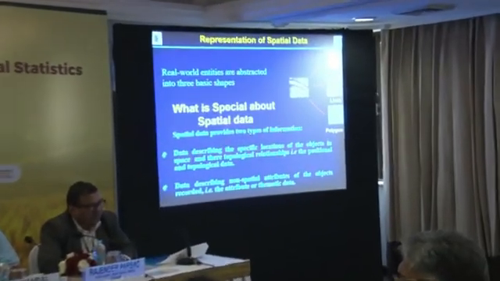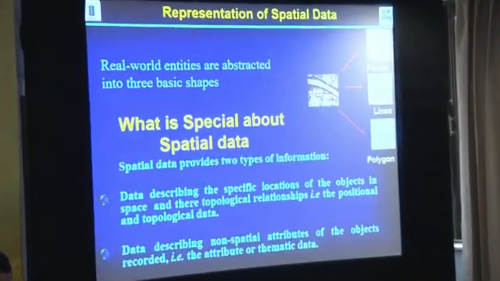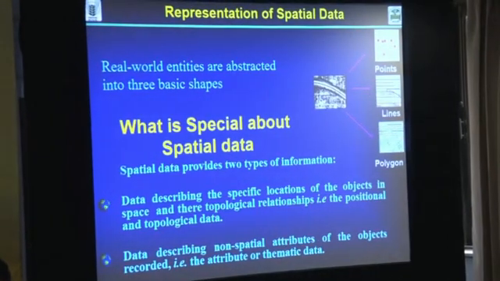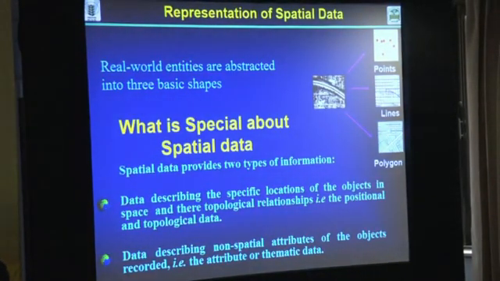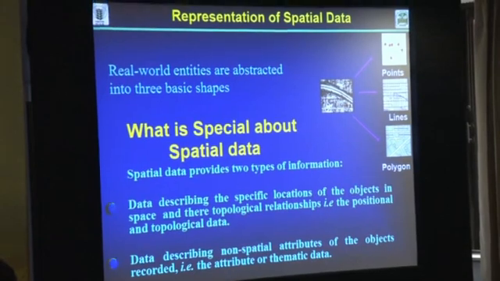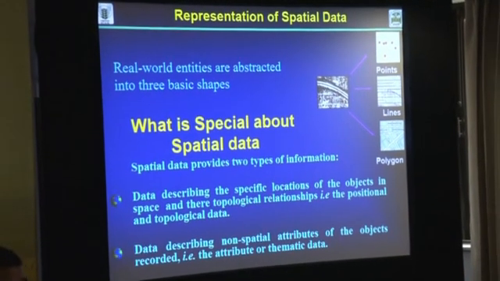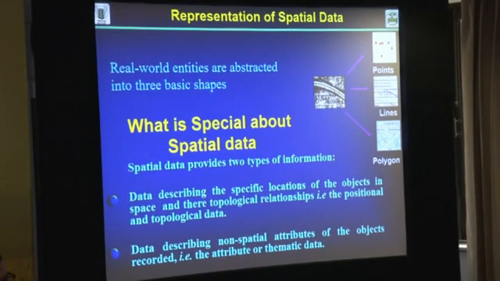Now, when we talk of spatial data, the real world entities can be expressed in three ways, that is point, line, and polygon. But unlike attribute data, spatial data possess a unique quality of dependence, which actually makes it special.